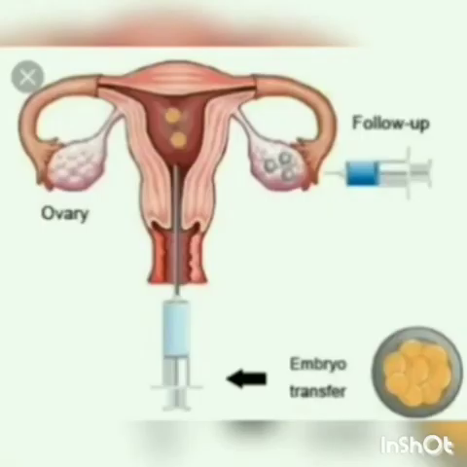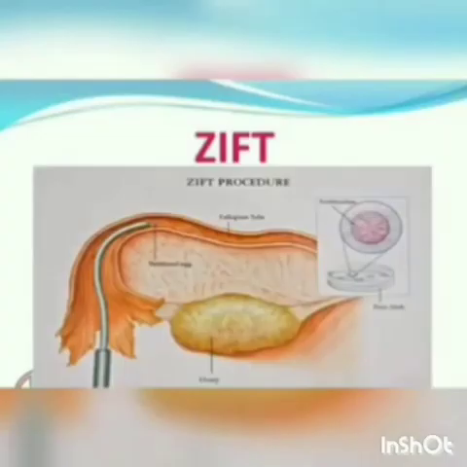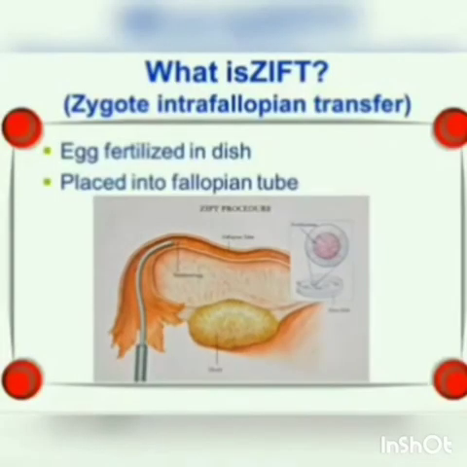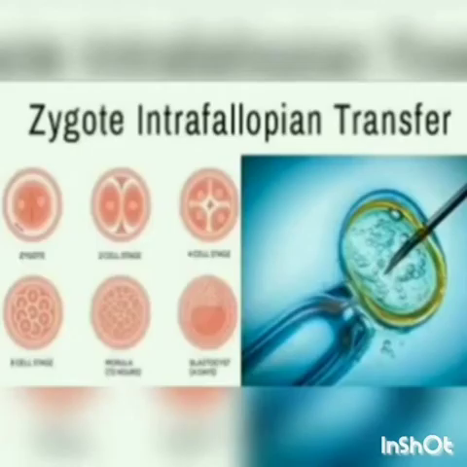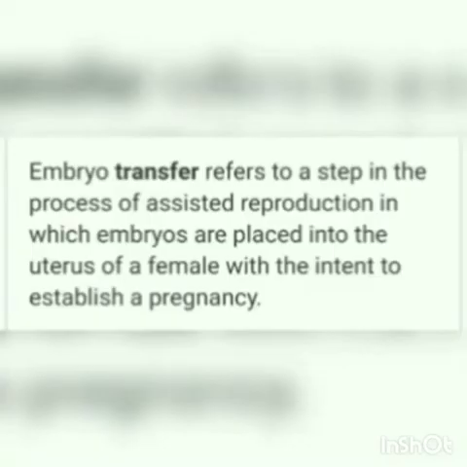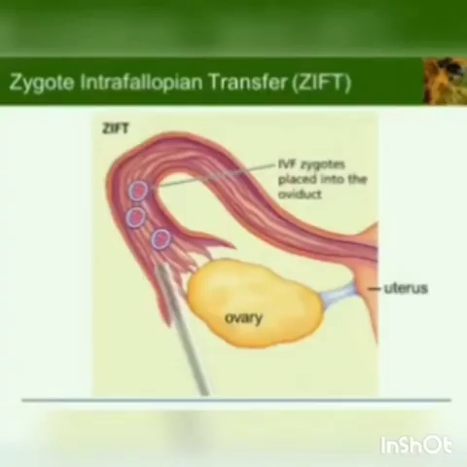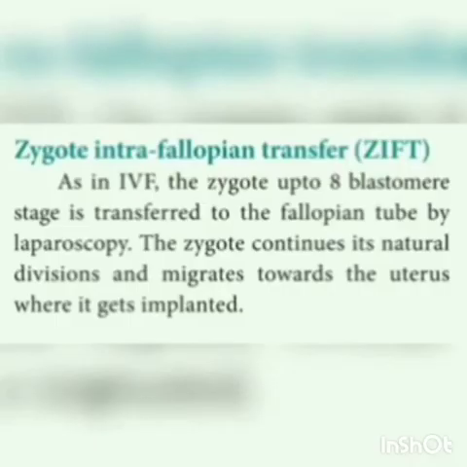Next one is the zygote intrafallopian transfer. As in IVF, the zygote up to 8 blastomere stage is transferred into the fallopian tube by laparoscopy. The zygote continues its natural division and migrates towards the uterus where it gets implanted. Zygote intrafallopian: inside the fallopian tube, the zygote is inserted.